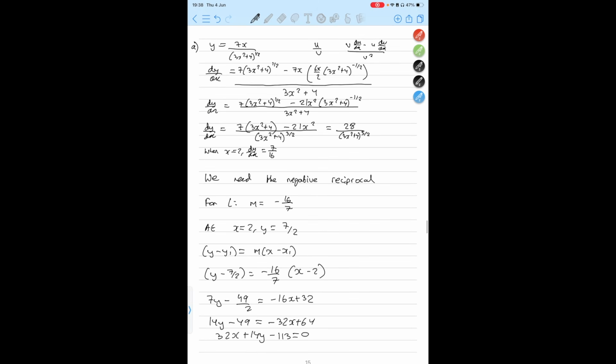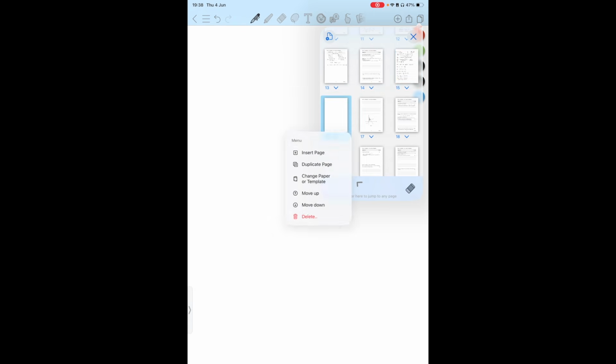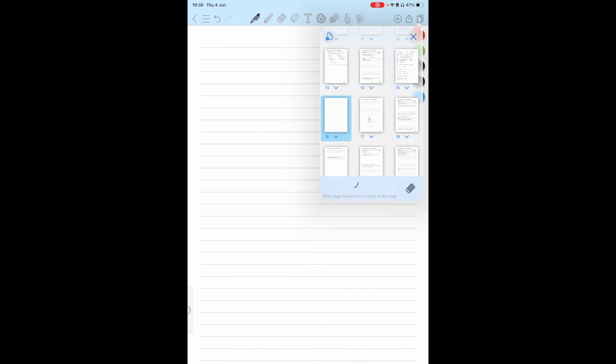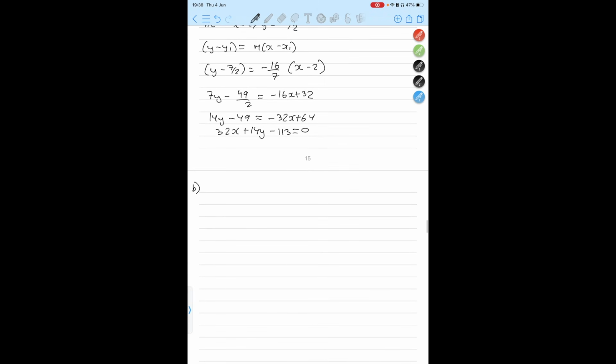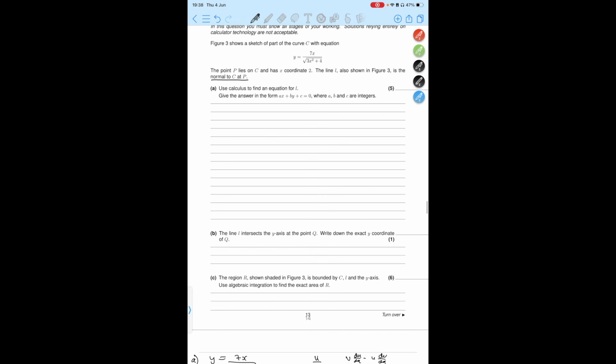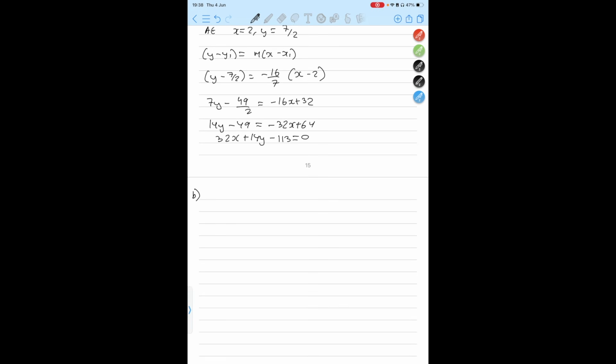Part B, actually, let me just insert pages so I'm not going here and there. Okay, let's do part B now. Part B is saying the line intersects the y-axis at the point Q, write down the exact y coordinate of Q. So that's simply x is equal to 0.